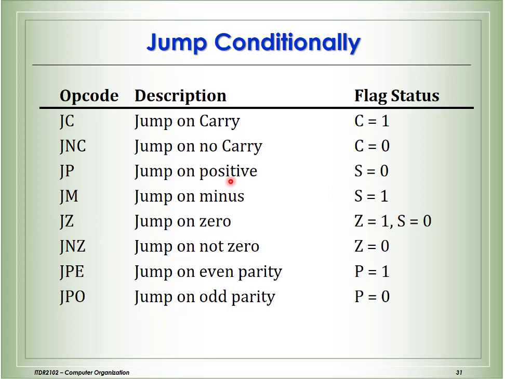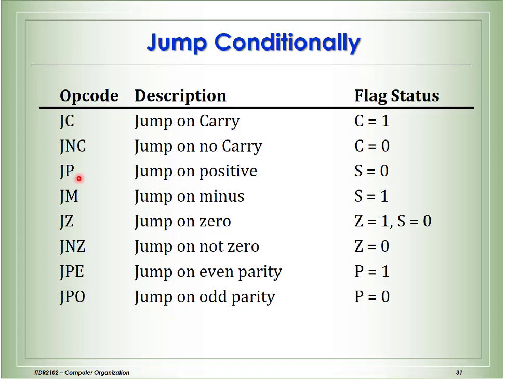I will just give you one example. Suppose we jump to the new location in the program if the flag register shows that carry is equal to 1. The second one, JNC, is jump if the carry is reset, 0.